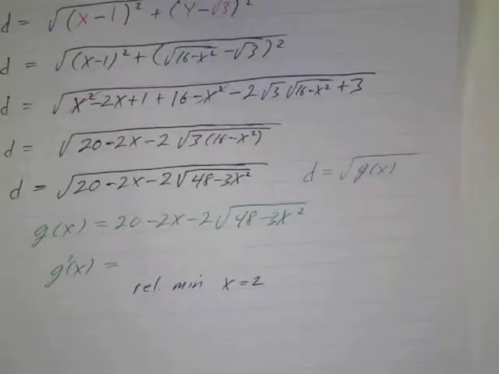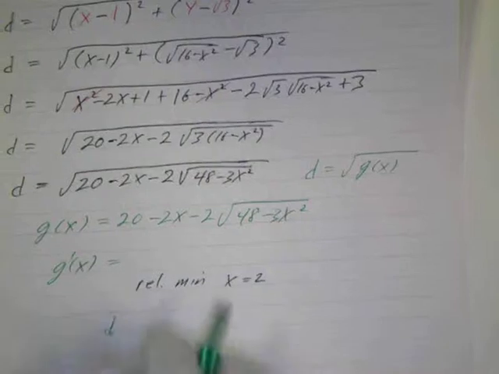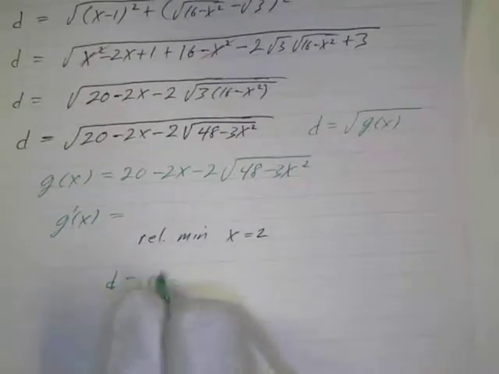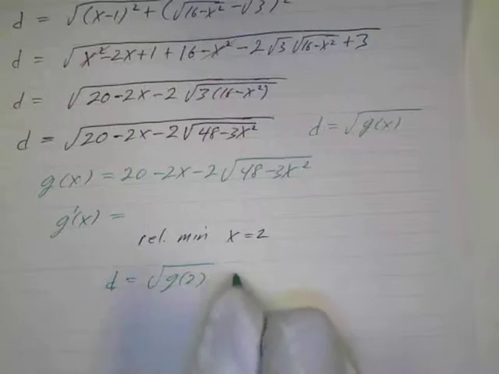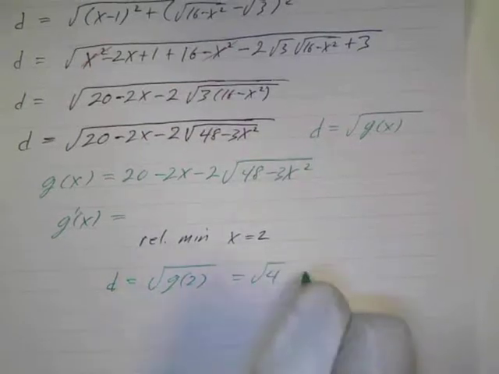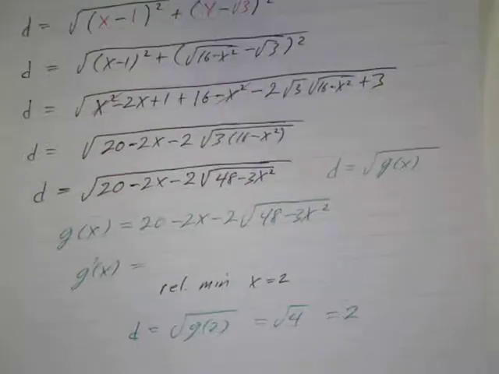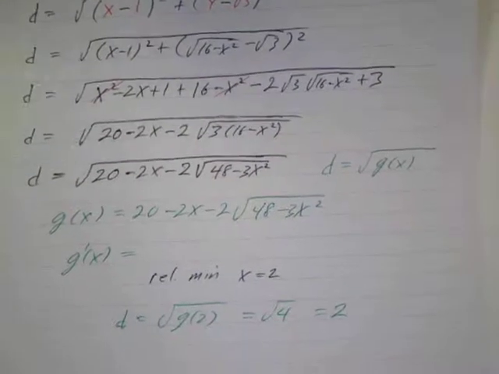So I know g of 2 is 4, so my distance equals the square root of g of 2, which is equal to the square root of 4, which is just 2. So there you go. Hope that makes sense.